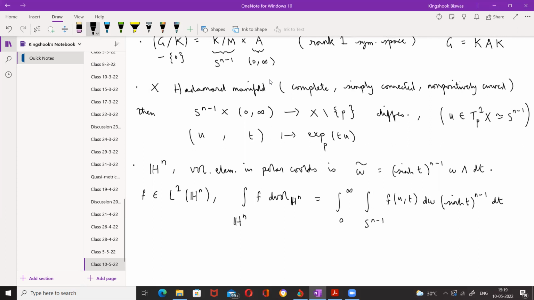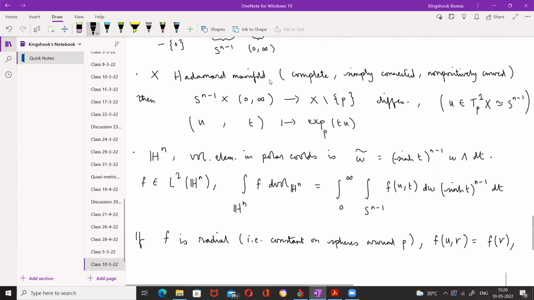Is it clear? Yes. And if f is radial, that means it is constant on spheres around P. So let me write the radial coordinate as r. Then f(ur) is independent of u, so this is just some function f(r).